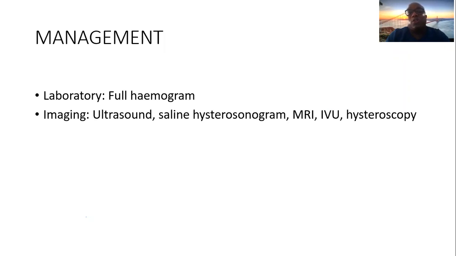The most prevalent is the pelvic ultrasound. We also have additional imaging techniques. This includes the saline hysterosonogram. Sometimes in some centers, or depending on the indication, we also do pelvic or abdominopelvic MRI, and hysteroscopy can also be used to visualize the uterine fibroids.